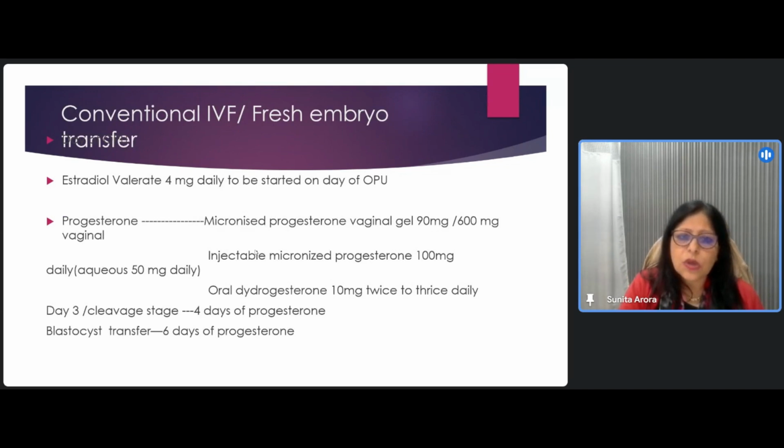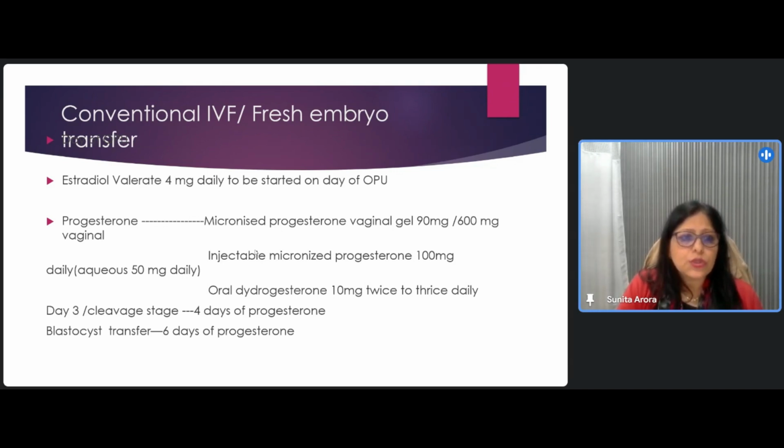Fresh embryo transfer is not the topic for today, but just a slide about it. We typically, on the day of egg pickup, start estradiol valerate 4 milligram daily. I usually give it, though few people believe that it is not needed in fresh embryo transfer.